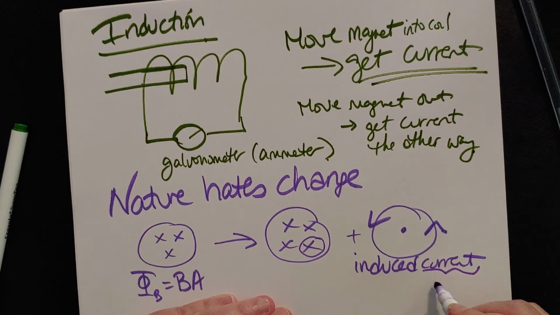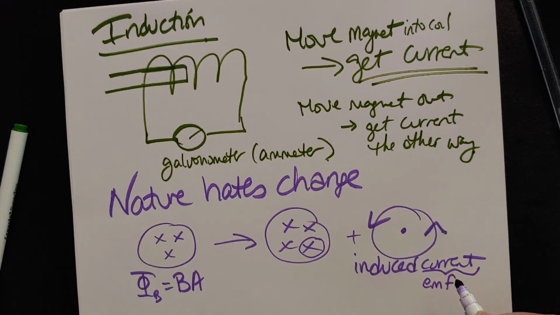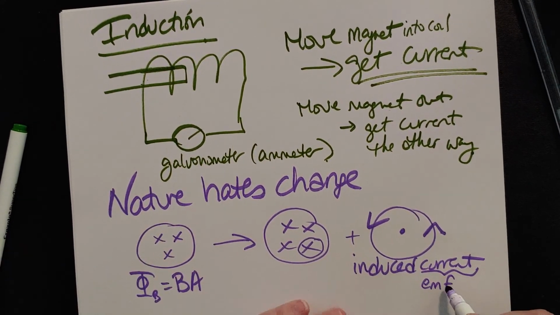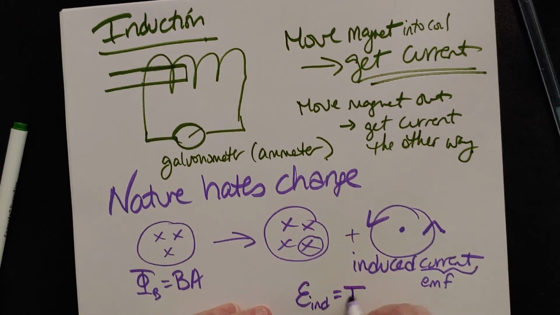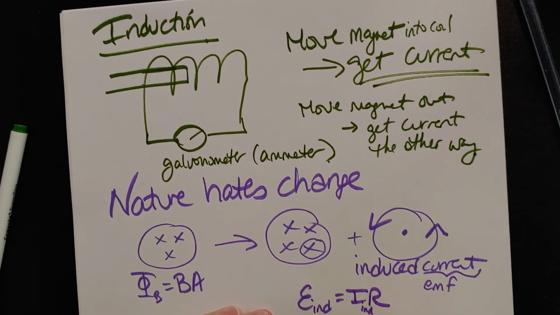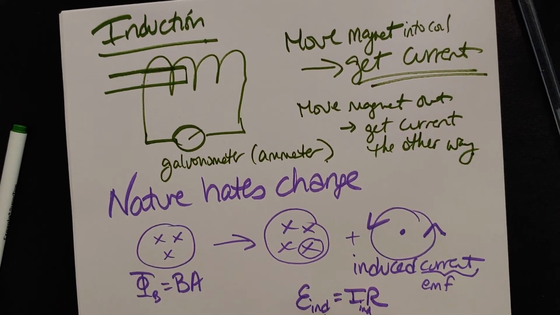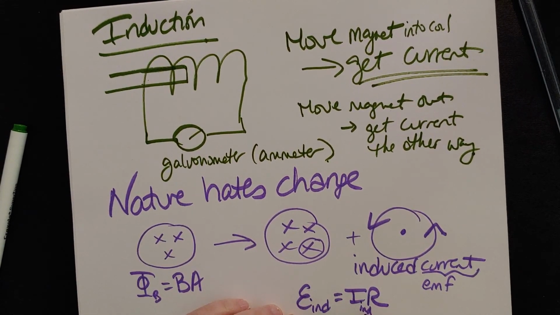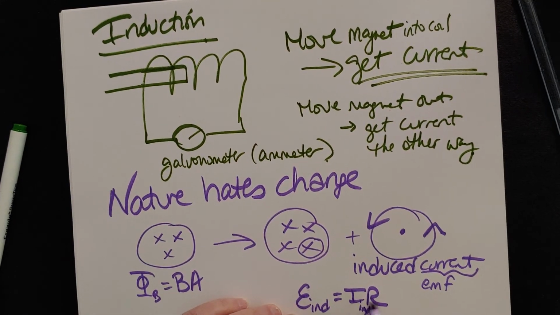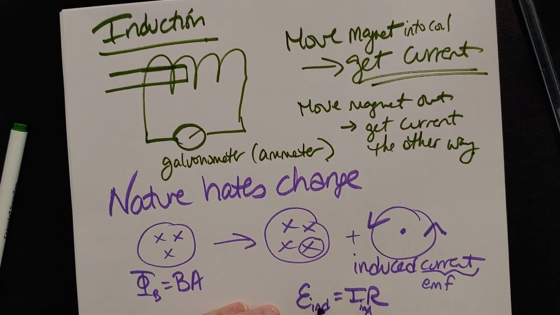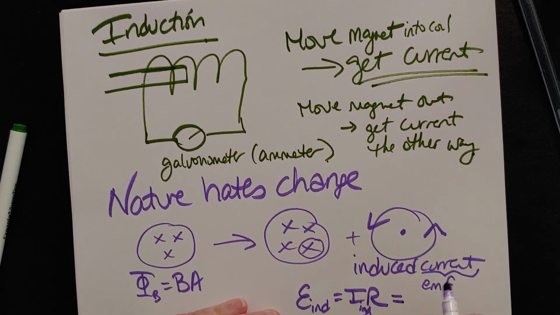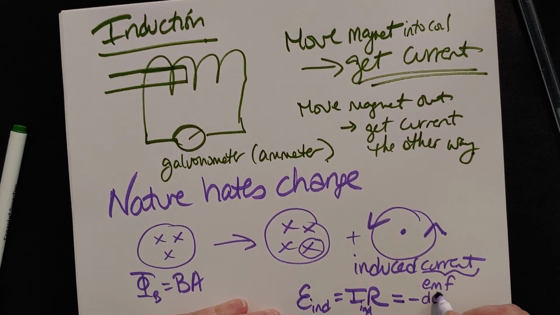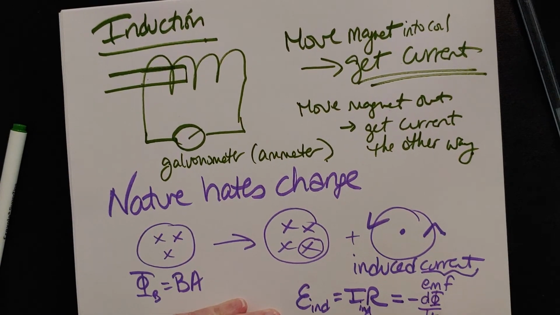And remember that current is related to a potential difference, right? And that potential difference, remember the EMF is like a potential difference. The induced current times the resistance is equal to the induced EMF, and that equals negative d phi dt.